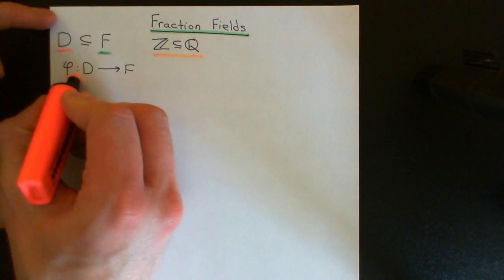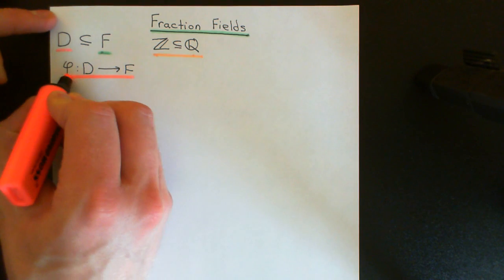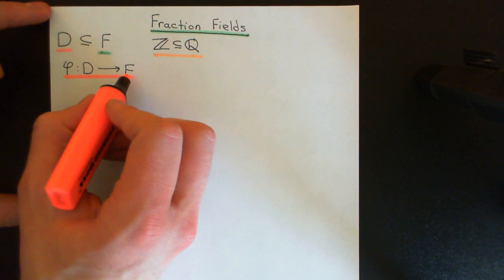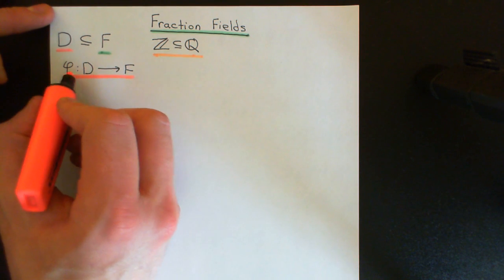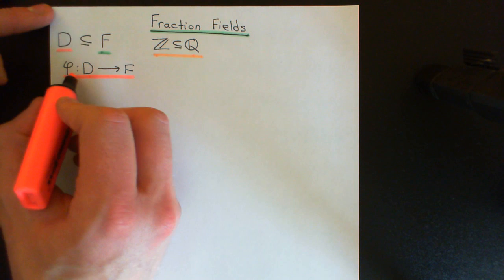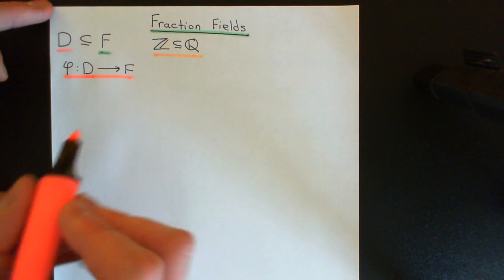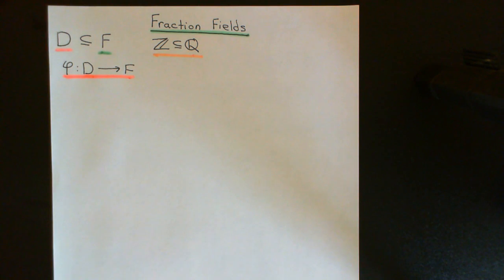And this is effectively an inclusion mapping. So this is the formal way of saying that it's going to be included in there. There's going to be a very natural associating map which can associate elements of the integral domain with elements of the fraction field.